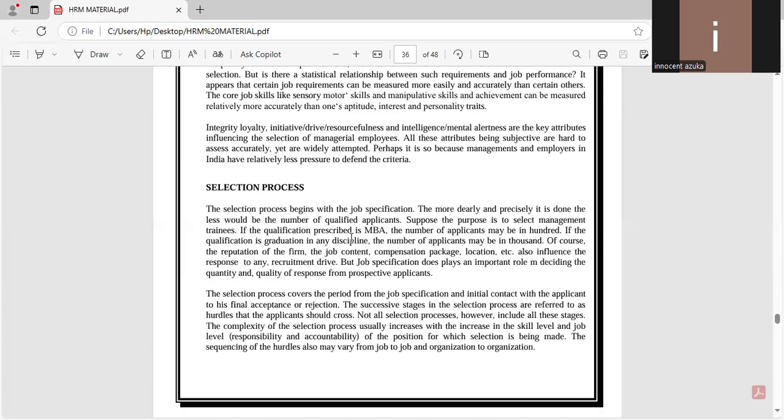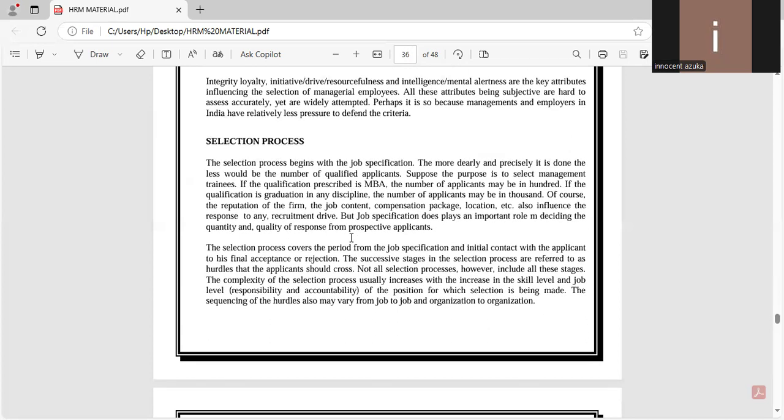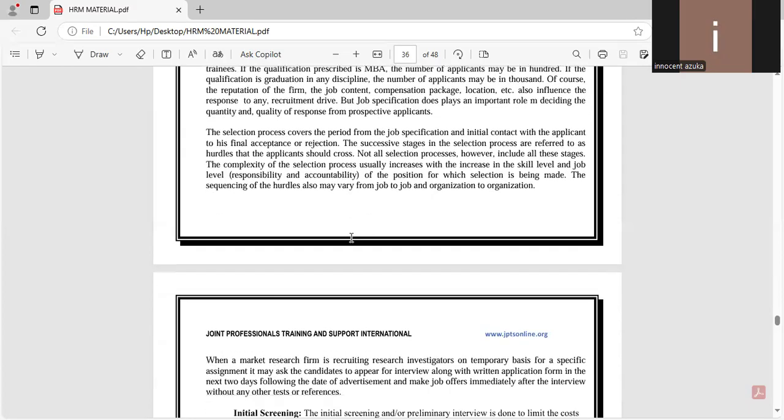The more deeply and precisely it is done, the greater the number of qualified applicants. The selection process covers the period from the job specification and initial contact.